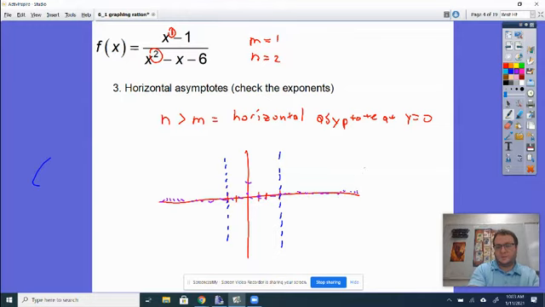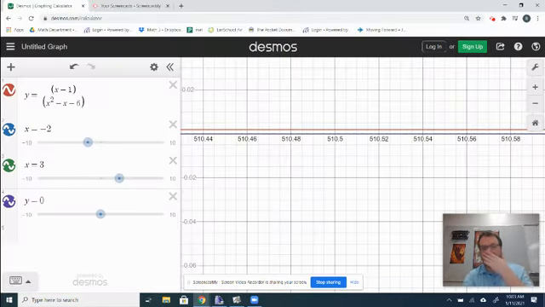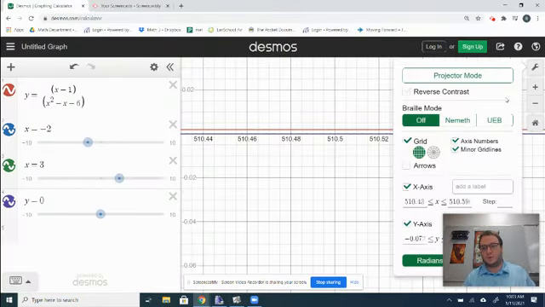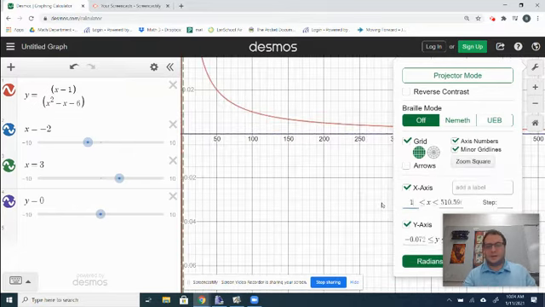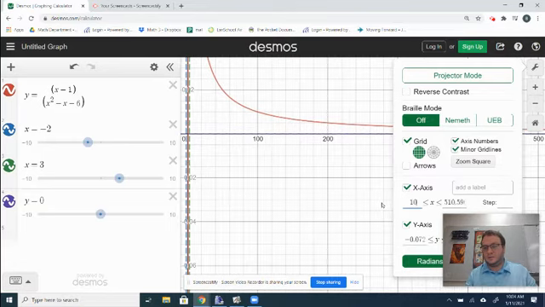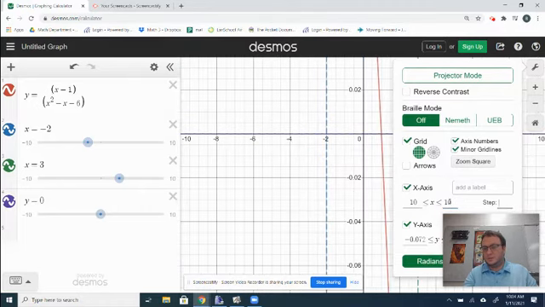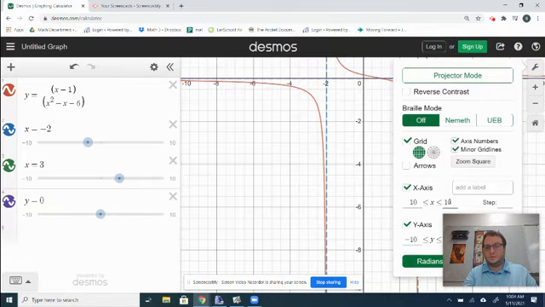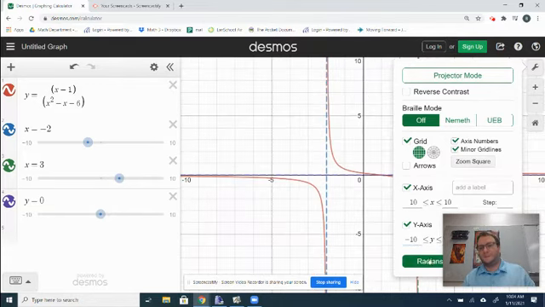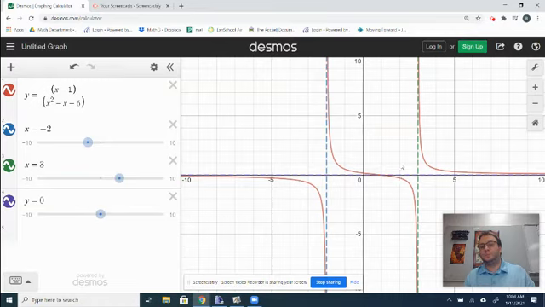Now if we go back to our graph for a second, let's put this back to where it was in the standard: -10 to 10, and then -10 to 10. Close that.